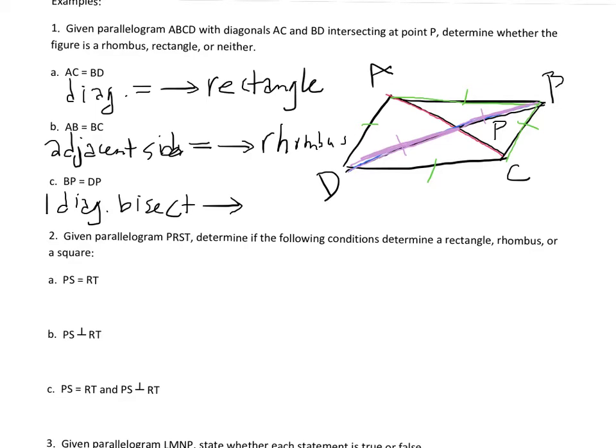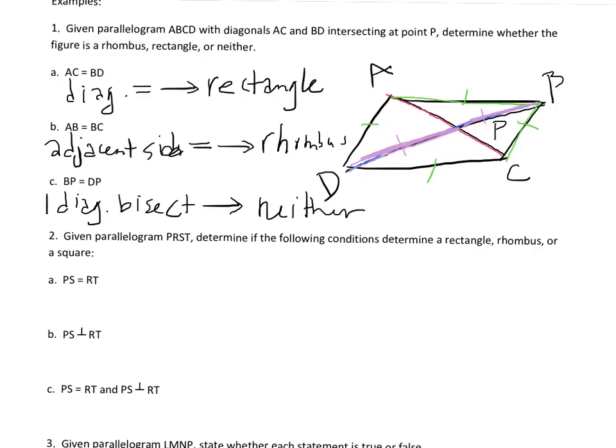Well, if both diagonals bisect each other, I know it's a parallelogram, but we already know this is a parallelogram, so we don't quite have enough information to prove anything else, so we would just say it's neither. Because that's not really a property for a rectangle or a rhombus.